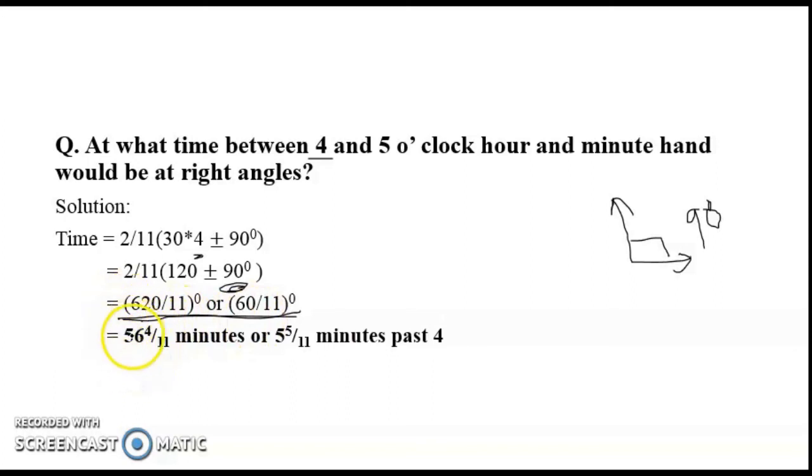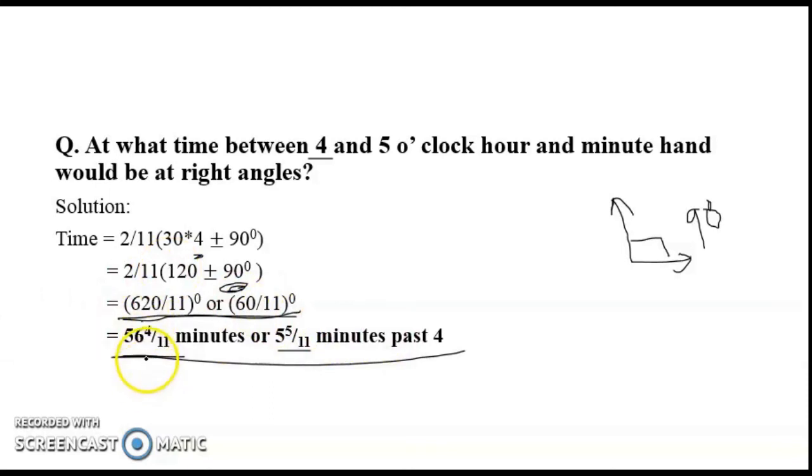depending on your options. The answer in integer form is 56 4 by 11 minutes or 5 5 by 11 minutes past 4. This is the integer form of 620 by 11 and this is the integer form of 60 by 11 degree. So this is the time when they are at right angles.